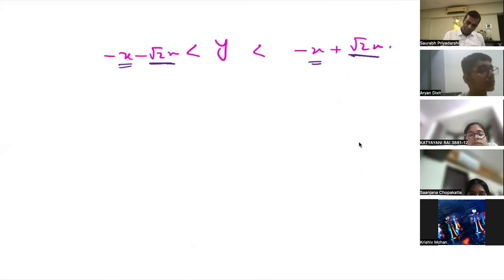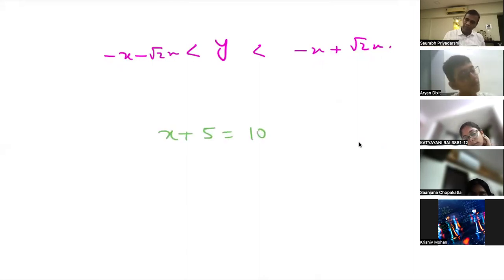See, first thing, like in normal inequality, let's suppose, how to solve this? You have to subtract 5 from both the sides.